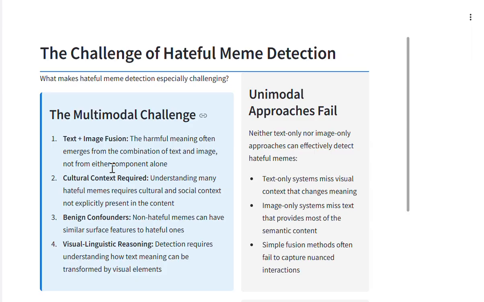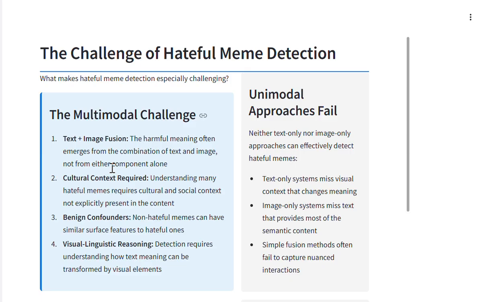A seemingly innocent praise can become harmful when paired with a specific image, providing context. Second, understanding many hateful memes requires cultural and social context that isn't explicitly present in the content. Models need to bridge this contextual gap.